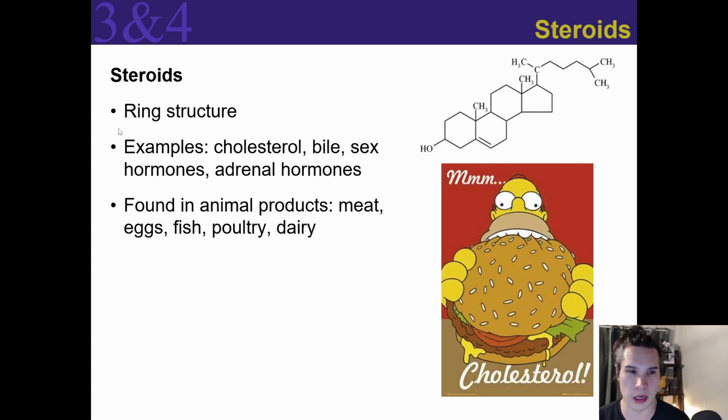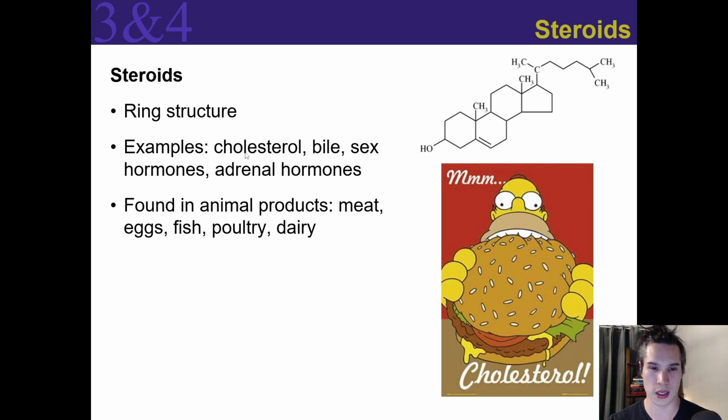All right, so let's talk about our steroids. Steroids are typically going to have a ring-like structure. So here we just have hydrocarbons, but in the form of rings. So things like cholesterol, which is what this is, bile, sex hormones. Our sex hormones are actually created using cholesterol as a precursor.